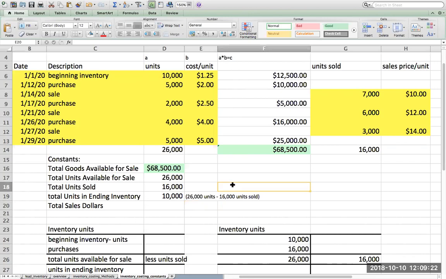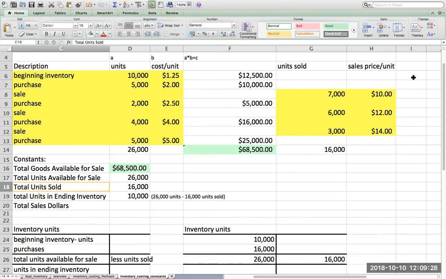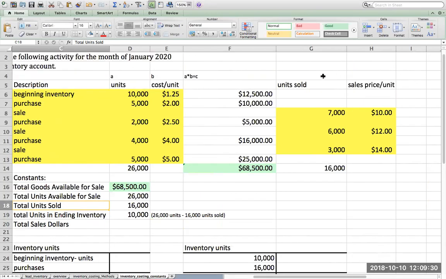The last thing I need to compute is my total sales dollars. How do I figure that out? I'm going to take my total units sold, which we'll call letter D, and multiply that by my sales price per unit.